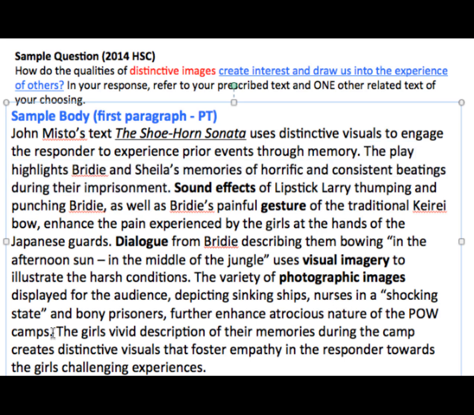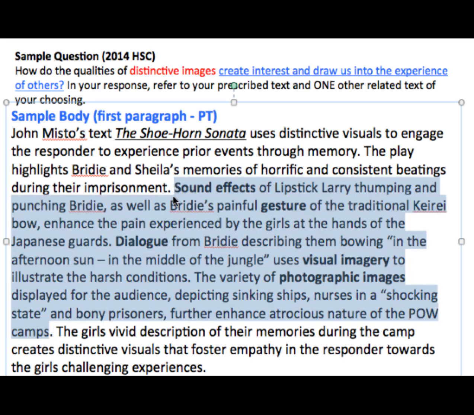Here I have the evidence that I'm including. In bold, I've got the techniques that create visuals, but I'm going through and providing a summary of the events, how the techniques are used, and then explaining.